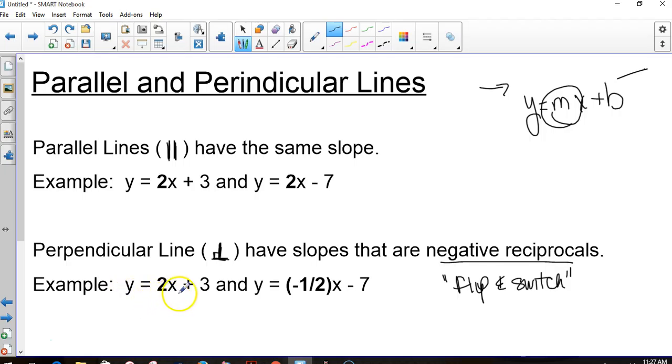So y equals 2x plus 3. If I flip the 2 to a 1/2 and then negate it, I get the negative reciprocal, and a negative 1/2 x minus 7 would generate a line that is going to be perpendicular to the 2x plus 3. Notice we don't really care about the b values. What we're only caring about is the slope. How fast is the car going? We don't care what kind of car you're driving.